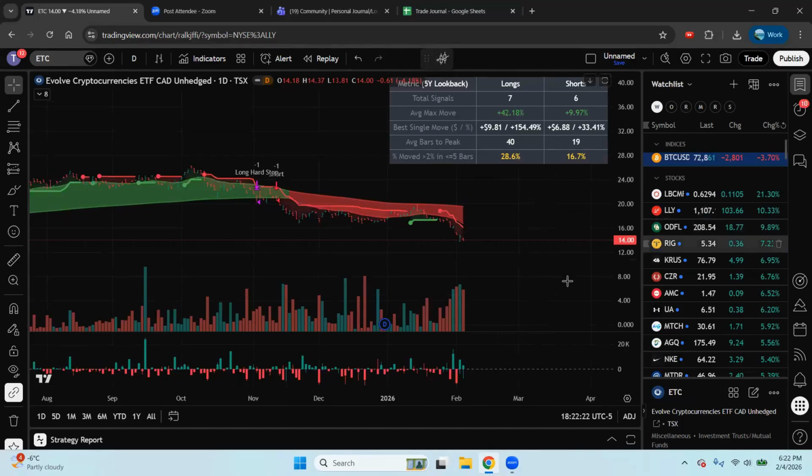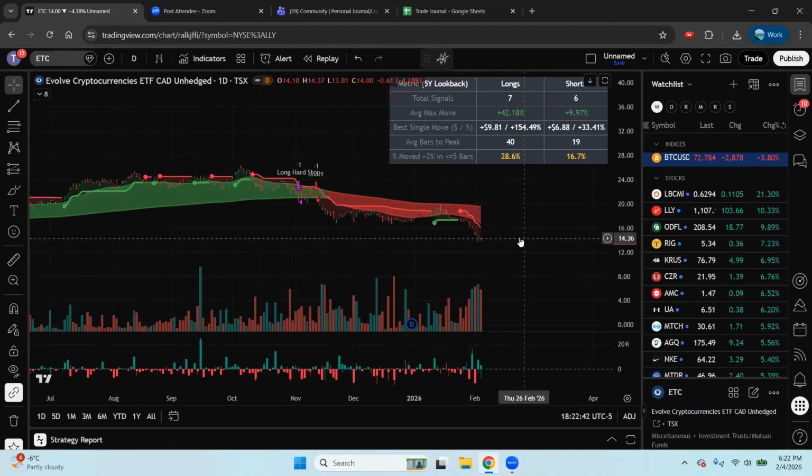ETC has a mix of Bitcoin, Ethereum, and I think they've recently added Solana and XRP as well. So it's basically a bet on the main cryptocurrencies, and I like trading it through an ETF rather than buying individual coins.